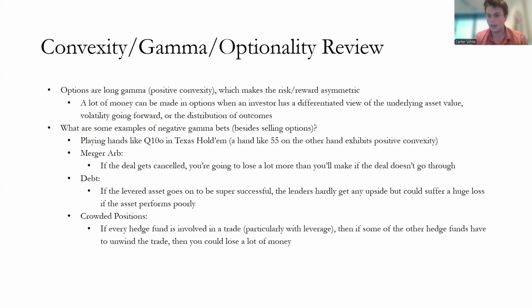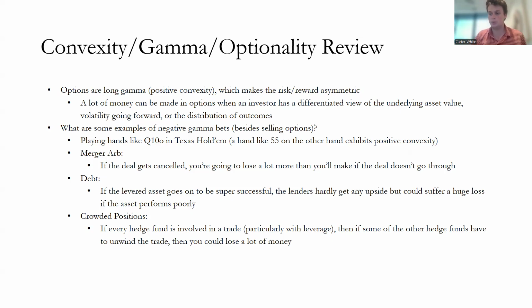If you believe an asset is undervalued, a call gives you a levered way to bet on an asset. Same if you believe it's overvalued with a put. Similarly, you might not have a view on the underlying asset, but if you think that the implied vol is too low, it still makes sense to buy that option and benefit from that volatility. And then lastly, the distribution of outcomes.